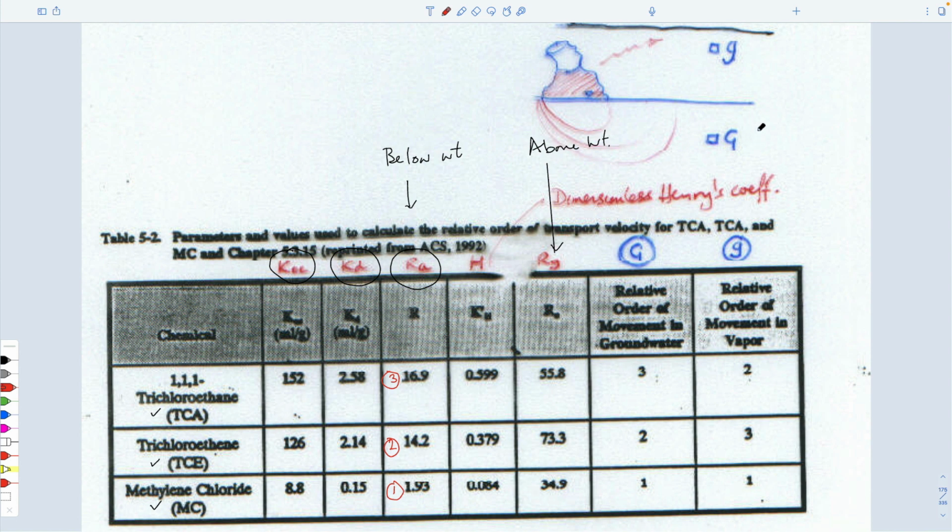So this is aqueous, RA. Then the arrival time at this point would be in the order of the one with the smallest retardation first, right? So the arrival time would be methyl chloride, TCE, and TCA.